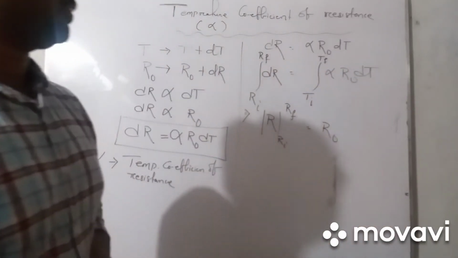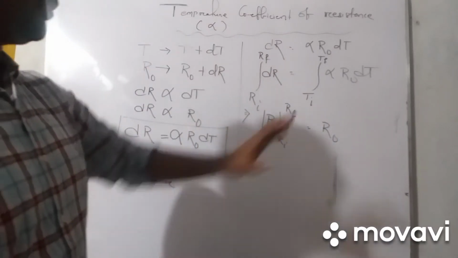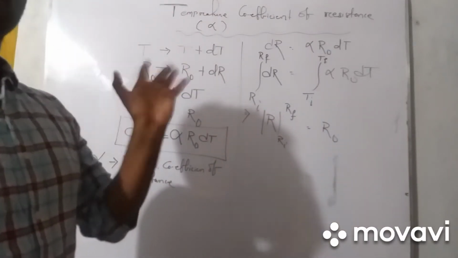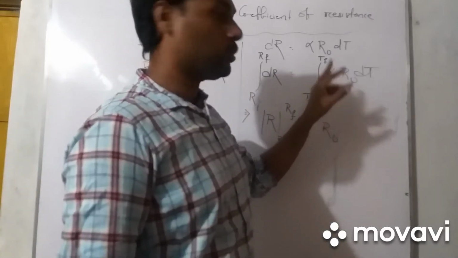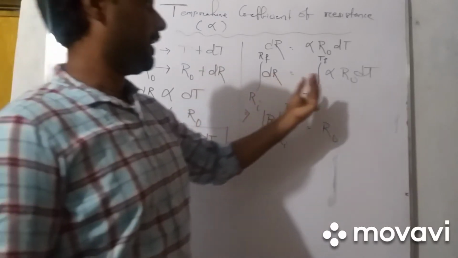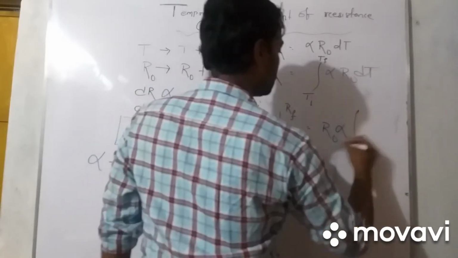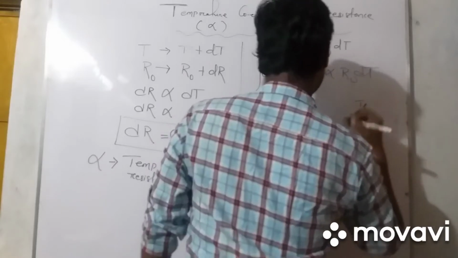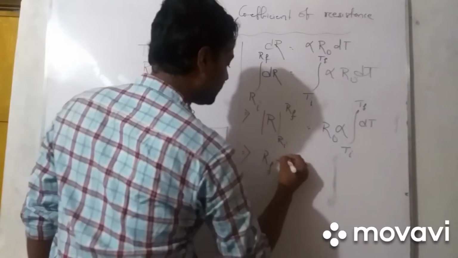In our book, alpha is taken as a constant quantity, although in reality it is never exactly constant. Since in the book alpha is a constant, we take it outside the integral. So the integral of dt from Ti to Tf is upper limit minus lower limit.